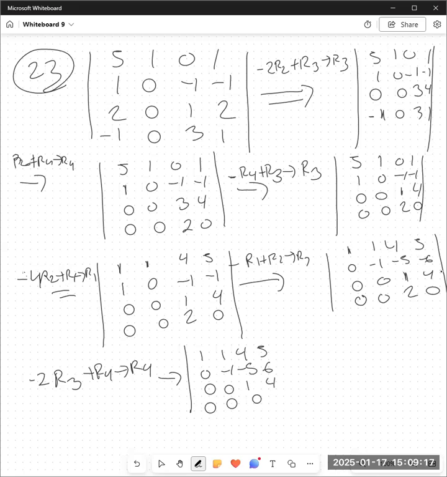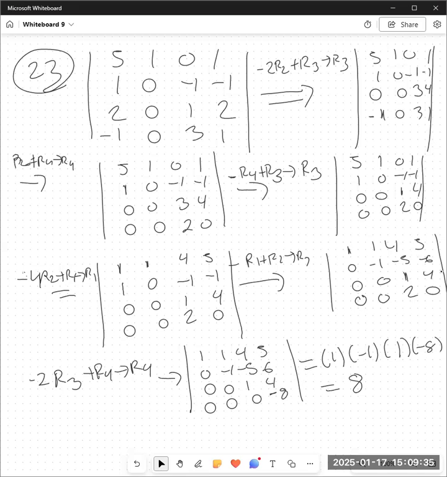And then this is negative 2 plus that, that's negative 8. And that's enough now for me to say my answer is 1 times negative 1 times 1 times negative 8 is 8. And you can verify that with your calculator.